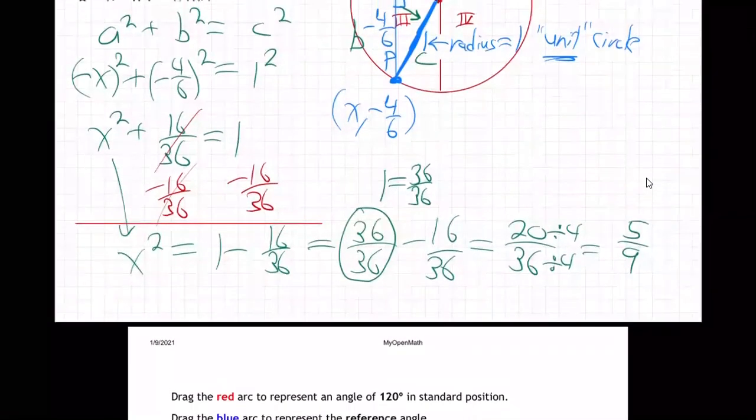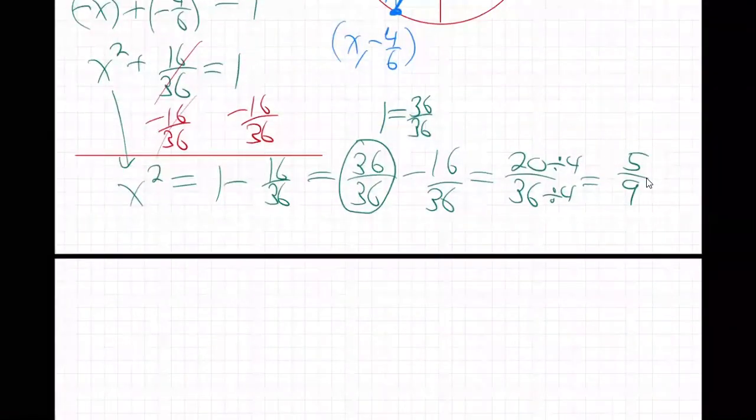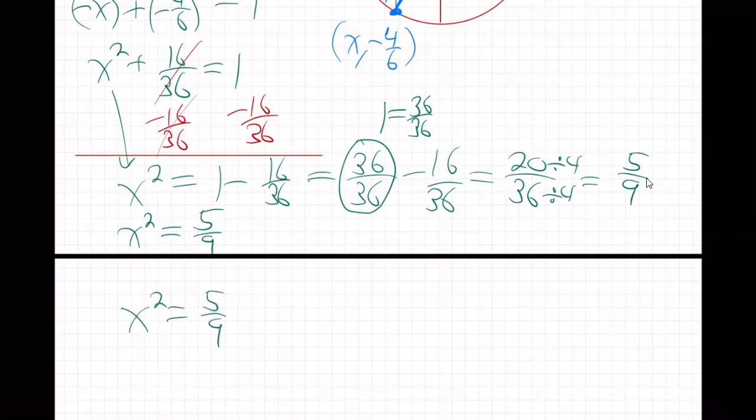So coming on down here, that means x squared is 5/9. So I just took 1 minus 16/36 when I subtracted 16/36 from both sides. And that's 36 minus 16, 20 over 36, reduced it.